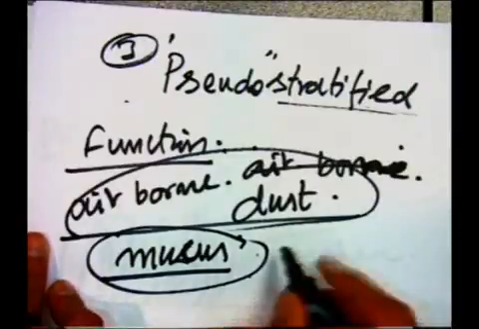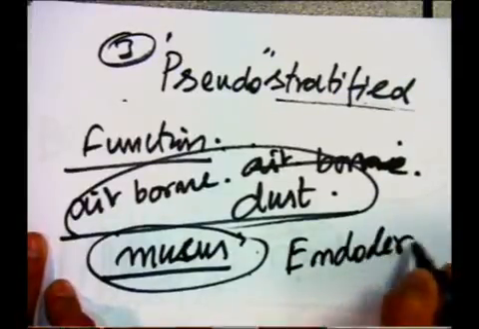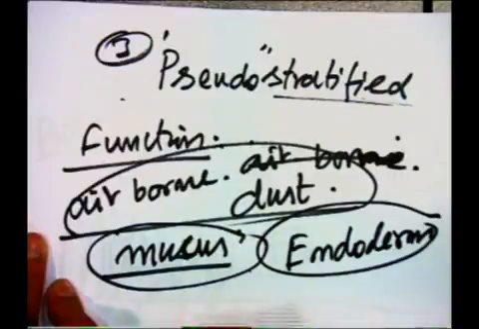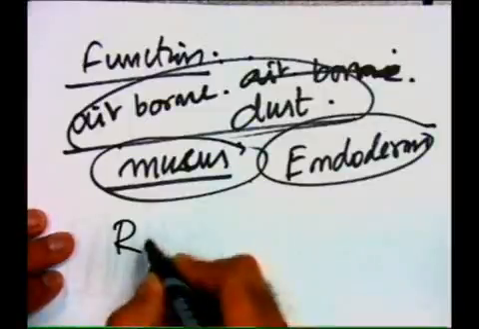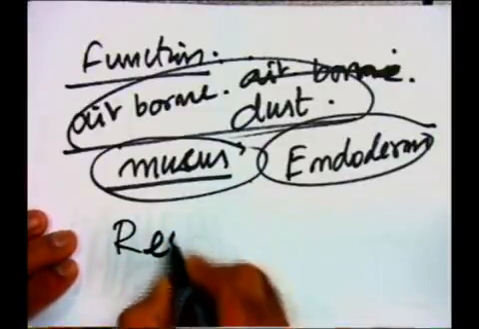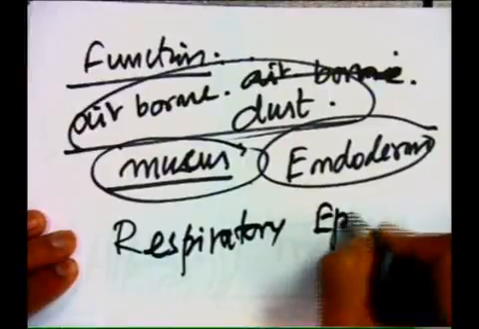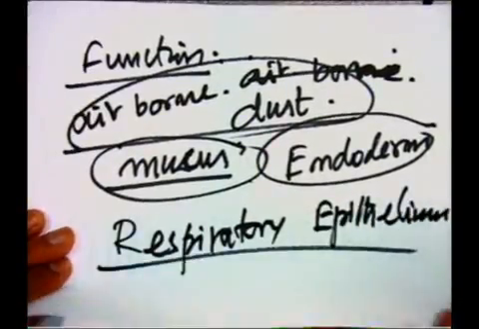And the next one is the embryonic origin, which is from endoderm. Endoderm origin. And they also call it respiratory epithelium. So in other words, pseudostratified ciliated epithelium is also called respiratory epithelium.